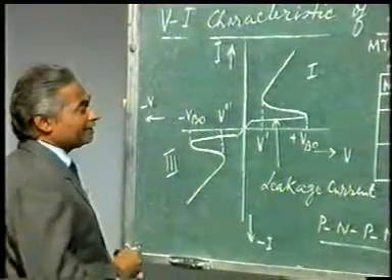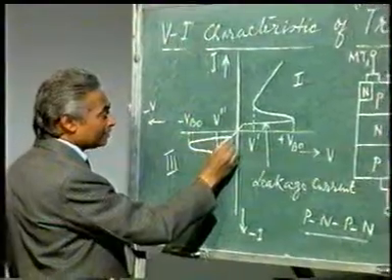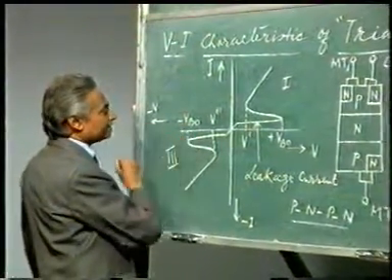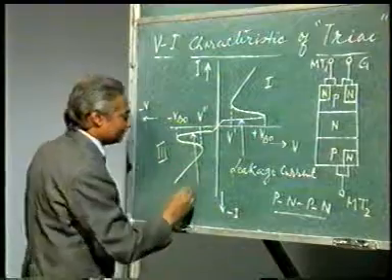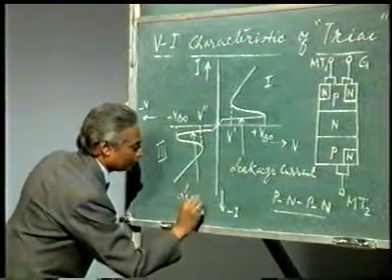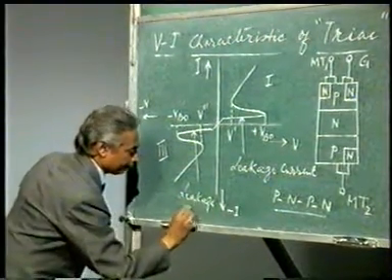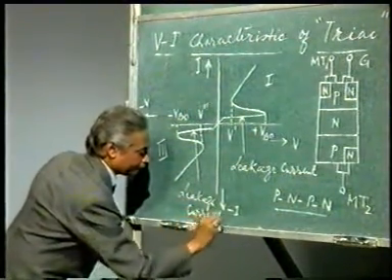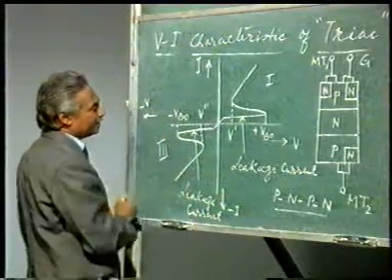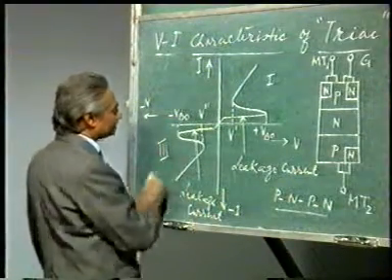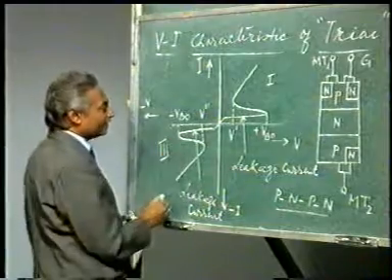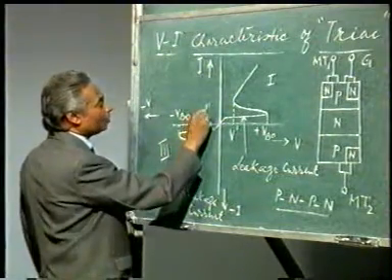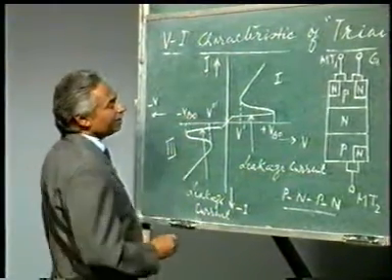In the third quadrant characteristic also, from this point to this point, which is minus VBO, there is very small amount of current flow, which is again known as leakage current. And at minus VBO the device triggers, there is a sudden inrush of current, and correspondingly the voltage V double dash goes very low.